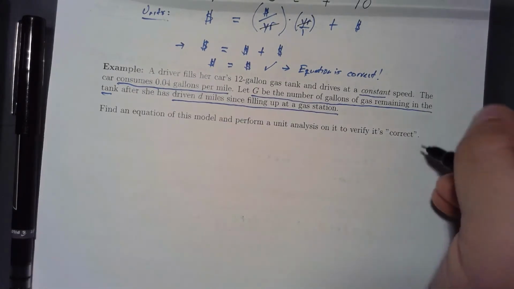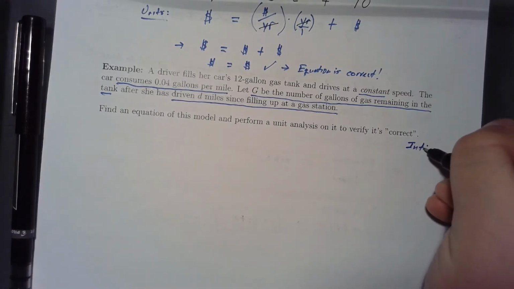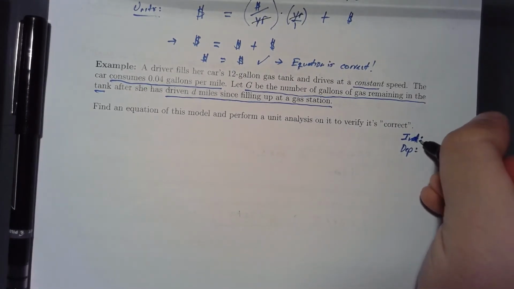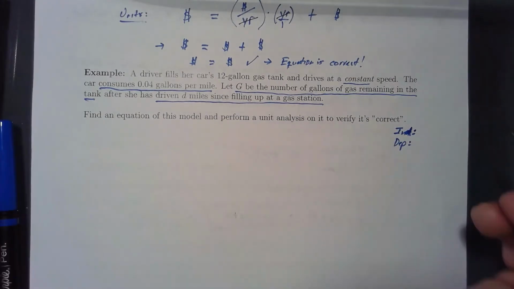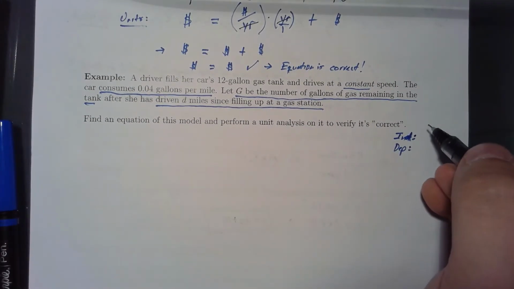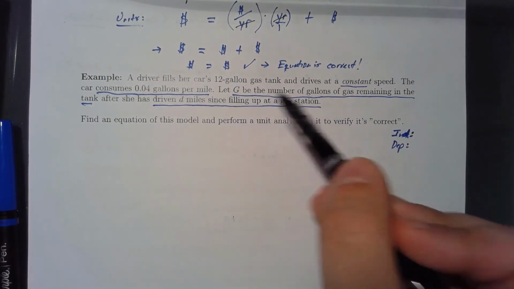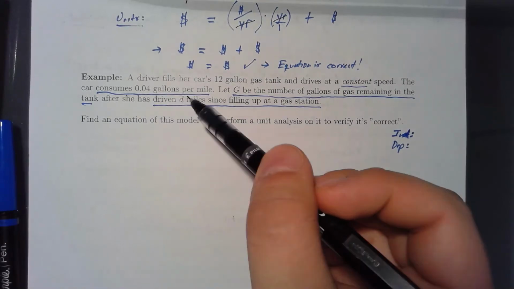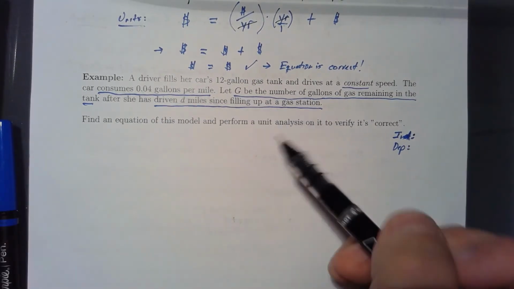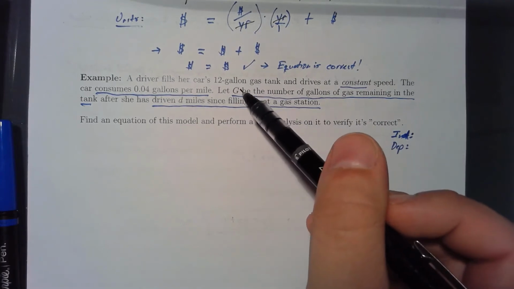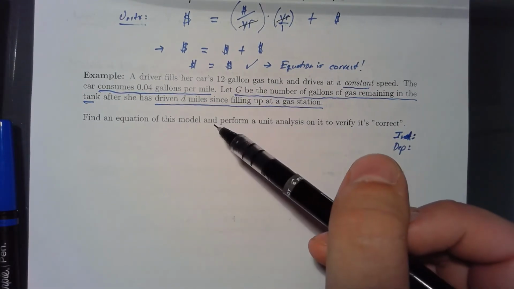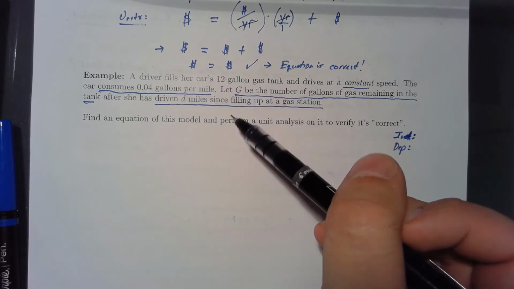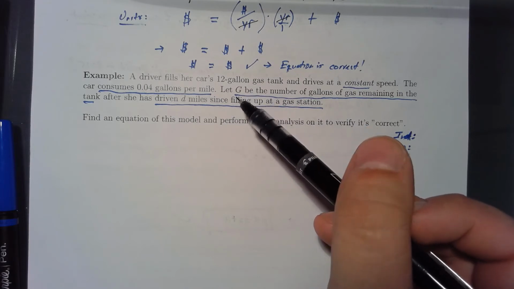Okay. And before we do that, we've got to know what the independent and dependent variables are. So what's the independent variable? What's the dependent variable? Well, G is the number of gallons of gas remaining in the tank of your car after she has driven D miles since filling up at the gas station. So let's think about that. Which one's dependent, G or D? Well, it should be pretty obvious that G is the dependent variable, right?